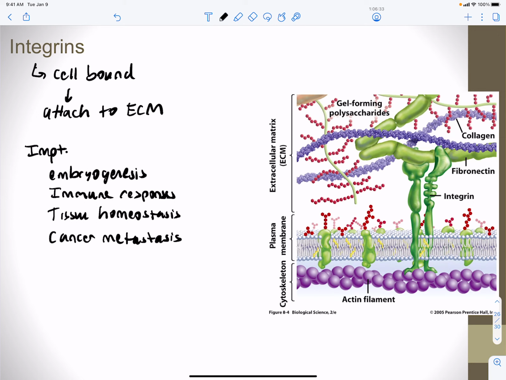So when a cancer develops, the cancer stays tethered to the extracellular matrix and it stays within the organ in which it's developing. When you get a breakdown of that tethering, then the cancer can metastasize and can be moved throughout the body. So integrins are going to contain a large alpha and small beta subunits. So here's our integrin here.